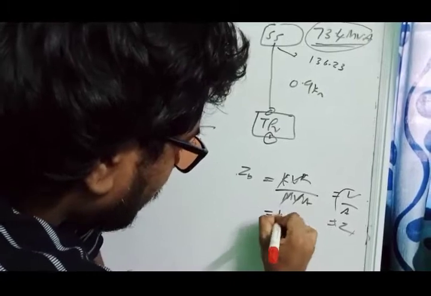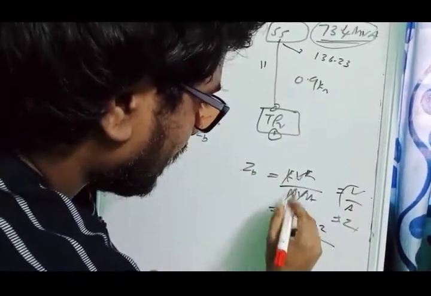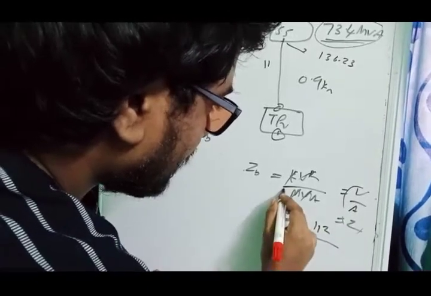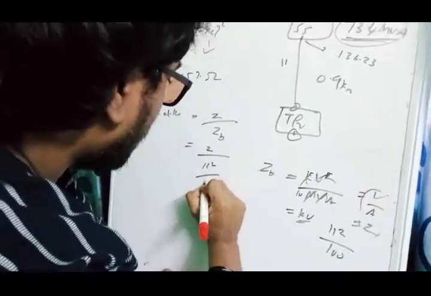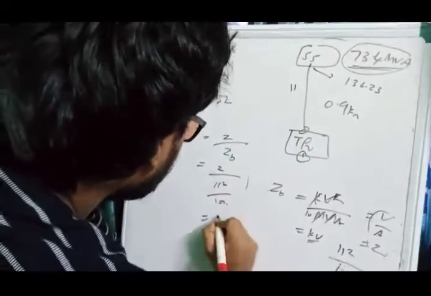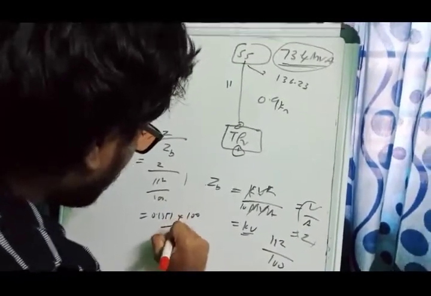So kV is the rated voltage, which in this case is 11 kV, 11 square, and MVA is already assumed as base MVA, which is 100 MVA. So Z by 11 square by 100. This 100 goes to the numerator. That is 0.1357 into 100 by 11 square, 11 kV square.